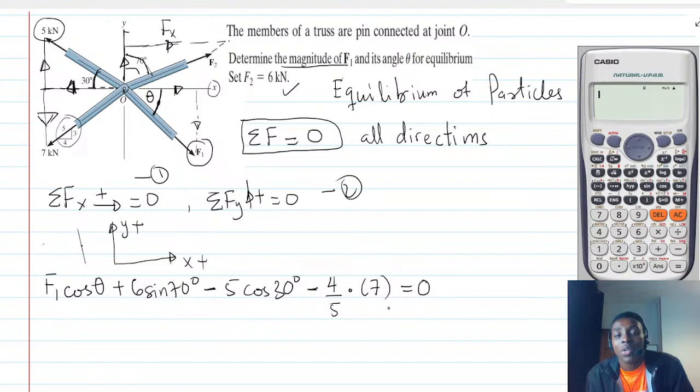We said earlier on that for a particle to be in equilibrium, then the summation of all of the forces must be 0. And therefore, we need to equate the summation of all of the forces to 0. Isn't it?